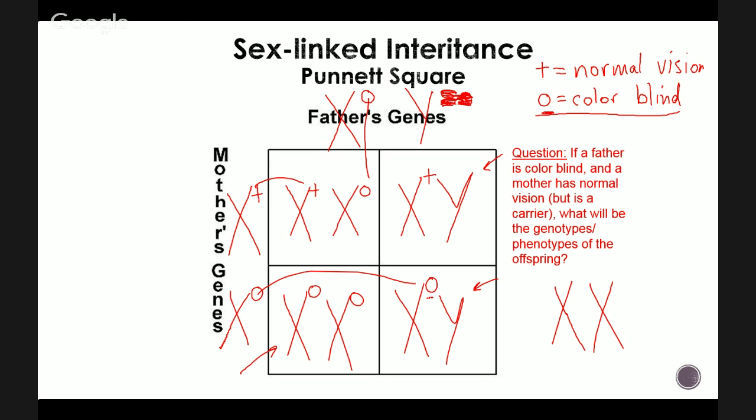So now when we look at the phenotypes, what do we see? If you're a female, what would be the phenotype? Either one, you're right in both. So 50% chance that you would be a colorblind female, or a 50% chance that you would be a normal vision female, but you carry the colorblind trait.